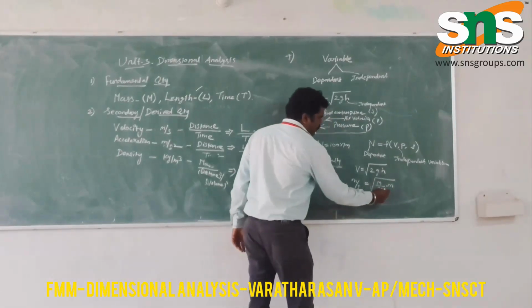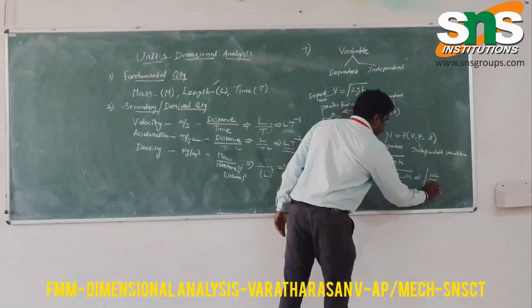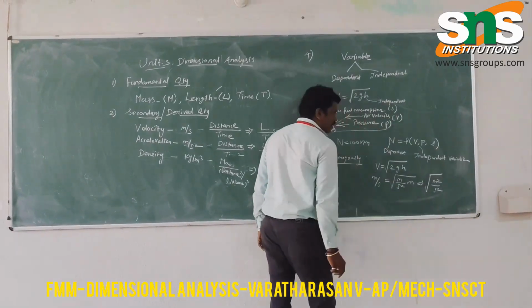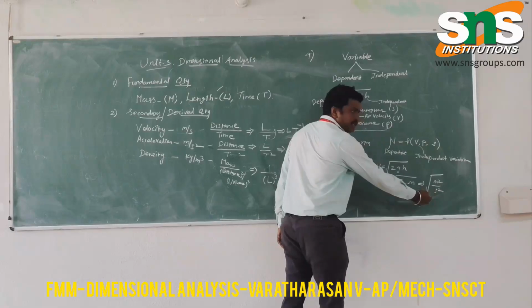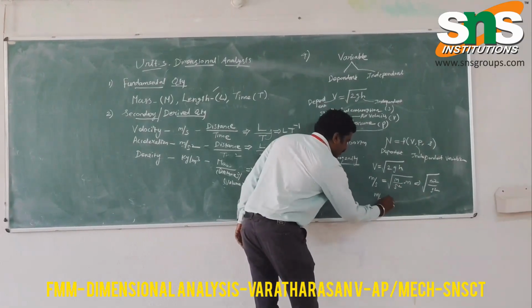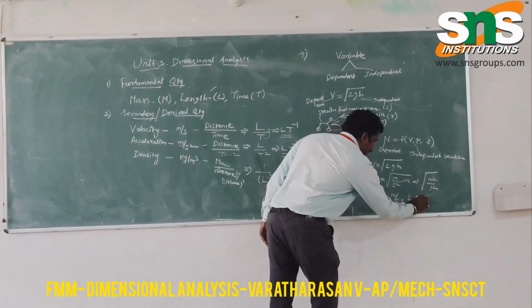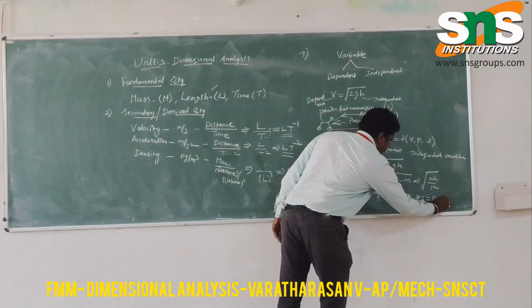So what we get is the root of meter square per second square. We can take this meter square per second square root, and what do we get? Meter per second. So here LHS equals RHS.